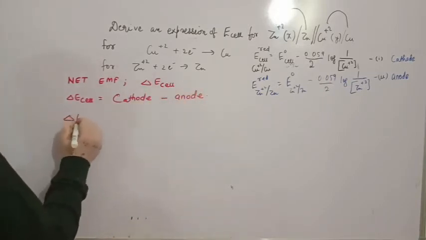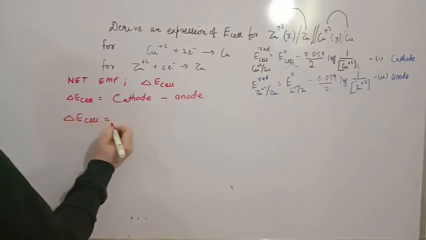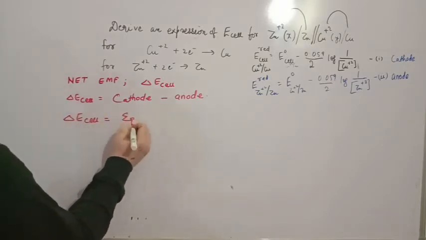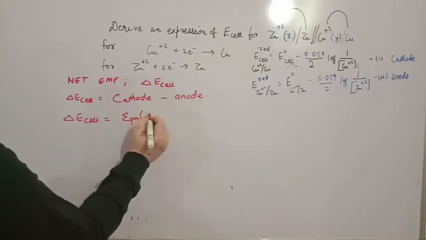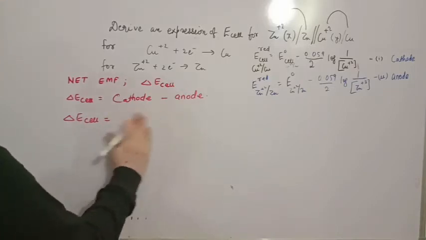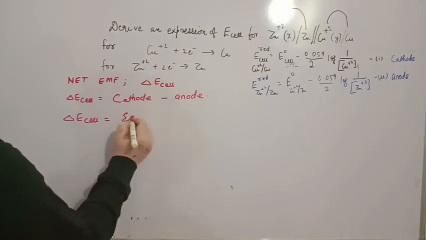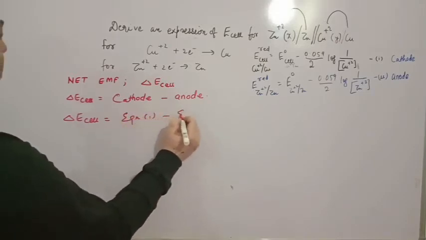So delta E cell will be equal to equation 1, the cathode, minus equation 2.